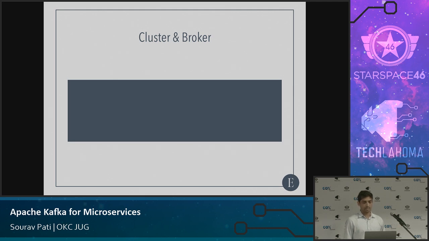The cluster is a logical name for multiple nodes or multiple machines when those machines are connected to each other. So you will have a node which they call a broker. Basically, it's one single machine. Then you have another node which is connected to another broker. So broker 2 and broker 1 together make a cluster, right?